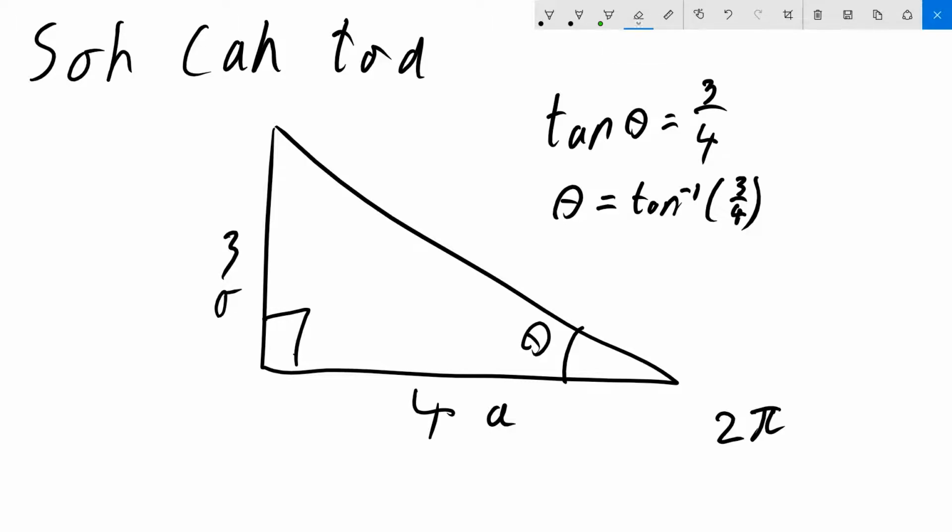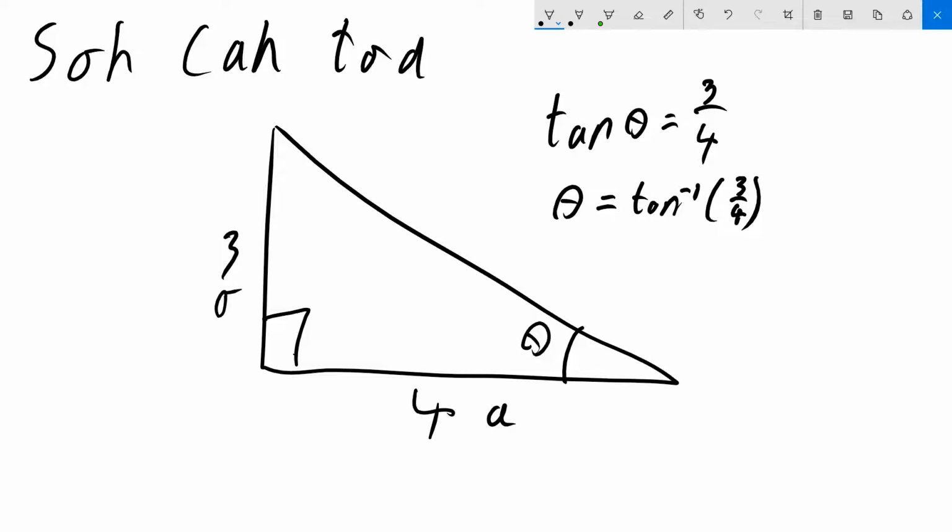And there's also something called gon or gradients, which a full revolution is 400. So you have to be careful in making sure that you select the appropriate measurement to the question. Typically, questions like this are either in radians or degrees, but for now let's just talk about degrees.